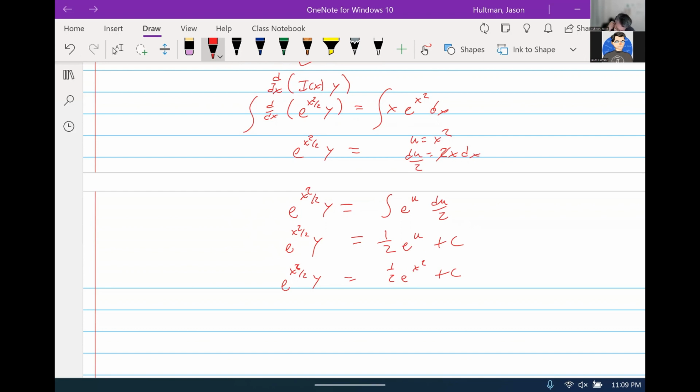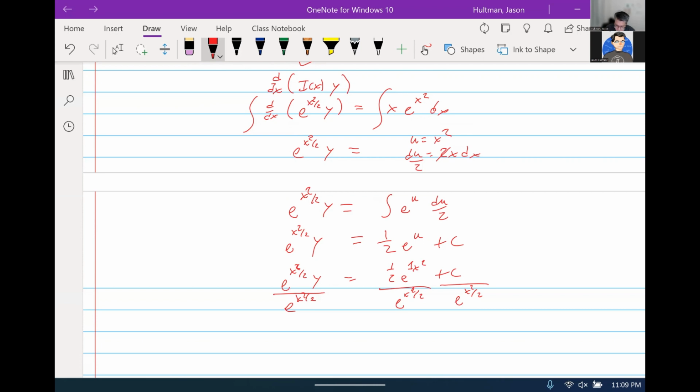That's good. I like what I've done there. Okay, so let's divide by e to the x squared over 2. Think of it like this. We've got 1 x squared on top, and we've got 1/2 x squared on the bottom.